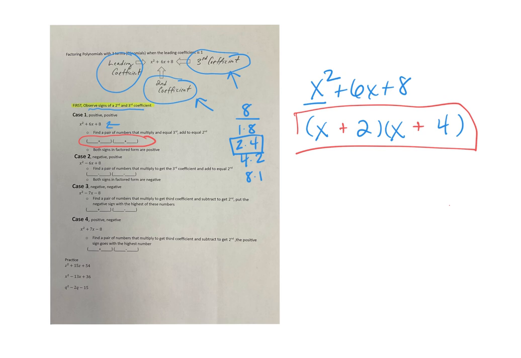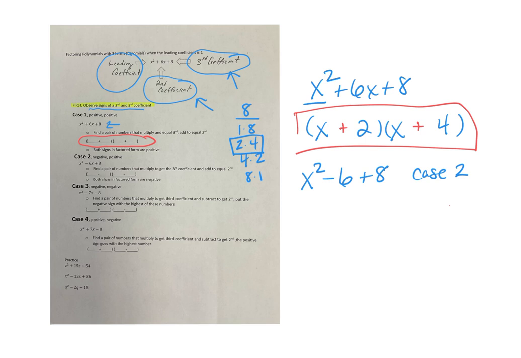Now, if we have the polynomial x squared minus 6x plus 8, our second coefficient is negative and our third coefficient is positive. So that follows case 2.